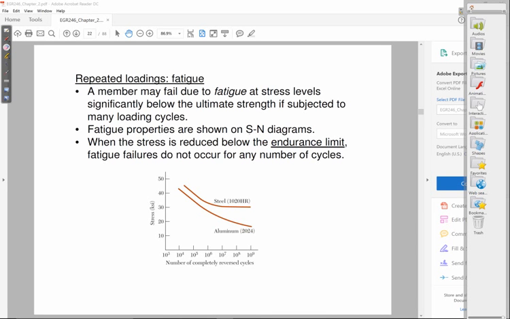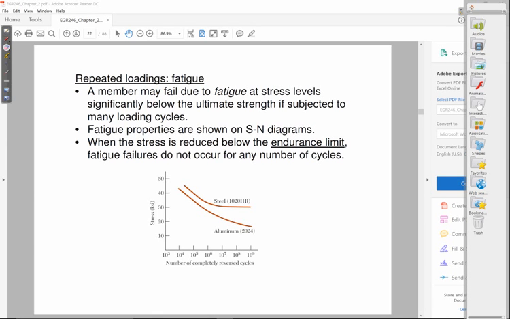The way these curves are produced is fairly simple. You could set up some kind of an automated system. You basically have a machine that's going to load and unload your part, and there's a counter attached to this machine. Every time it loads and unloads, it increases the count by 1.